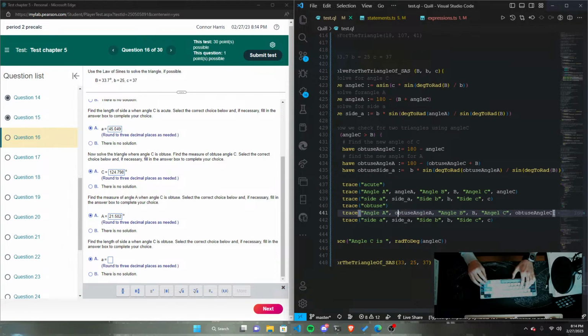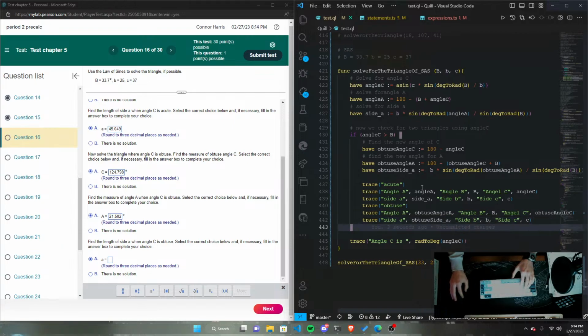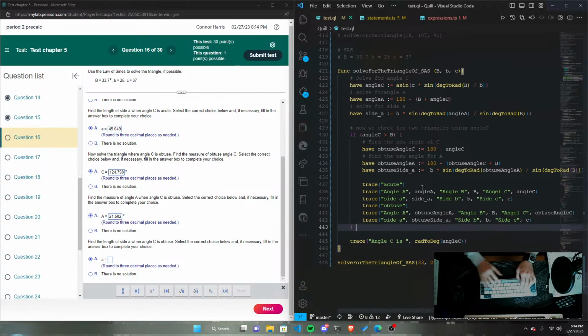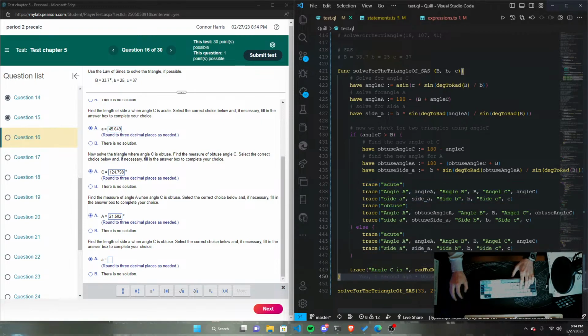This needs to be lowercase. Then we're going to have obtuse side A. B is a given and C is a given, so those will remain the same. And then we'll just have an else statement saying just if. So if it isn't, then we will just print out the acute triangle here. Just like that. Get rid of that.